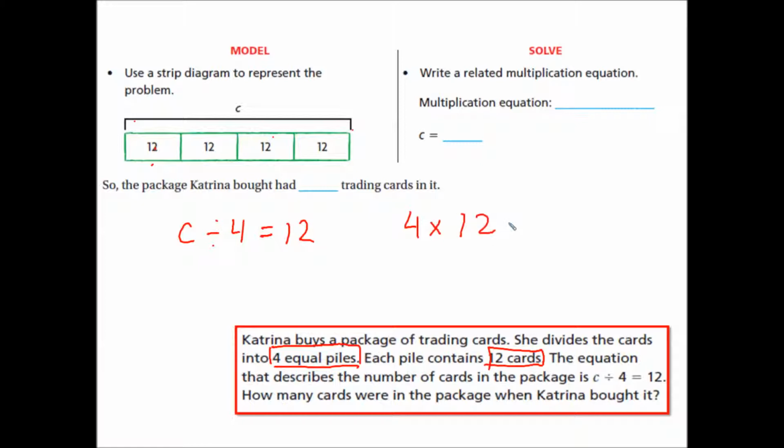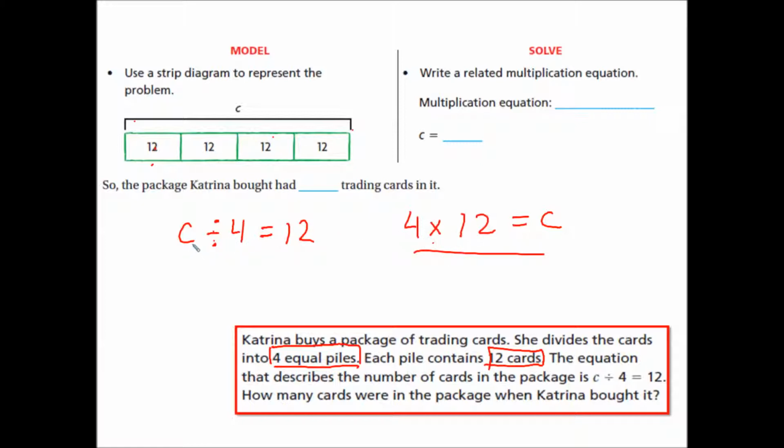So that's 4 times 12, and that is equal to C. These two equations are equivalent, just different ways of expressing it. But if you look at it this way, you'll see that to solve a problem like this, C divided by 4 equals 12, we need to figure out what big number we divide by 4 to get 12. You could think about it that way, or you could think about it this way. Well, that big number is just going to be 4 times 12.